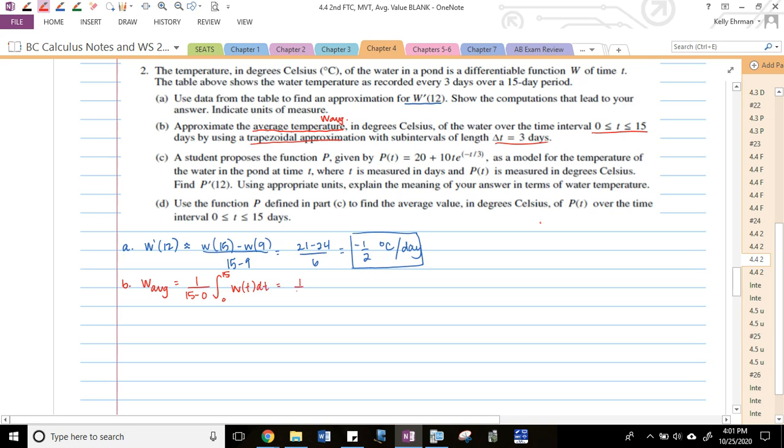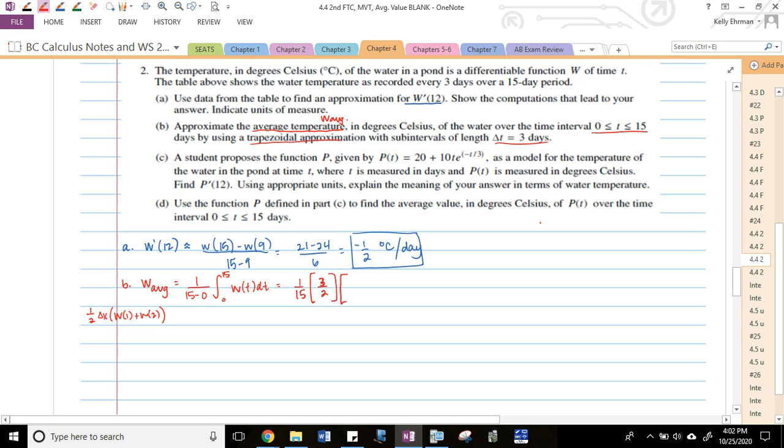Okay, so 1/15. And when we're talking about trapezoids, remember every trapezoid formula is 1/2 times delta x times the sum of the bases, W1 plus W2, whatever it's going to be. So everything's going to have a 1/2, and everything's going to have a delta x, delta t in this case. Delta t is 3 days, so 3/2.